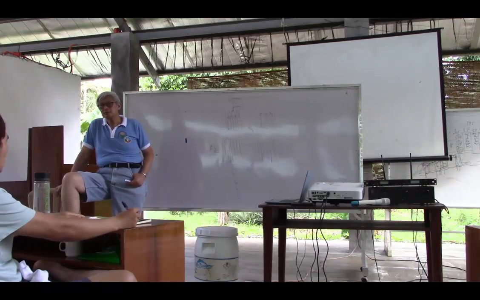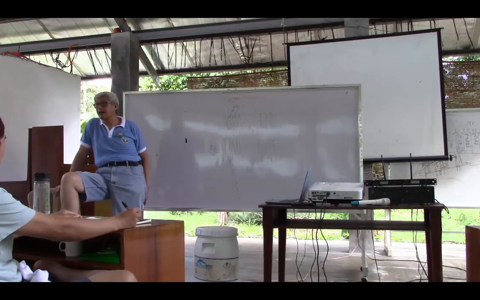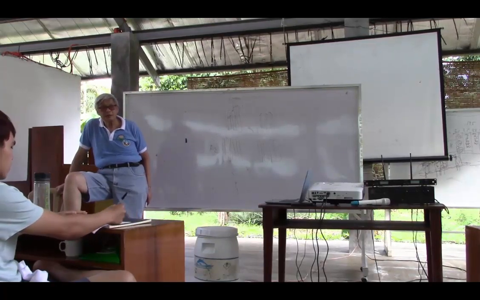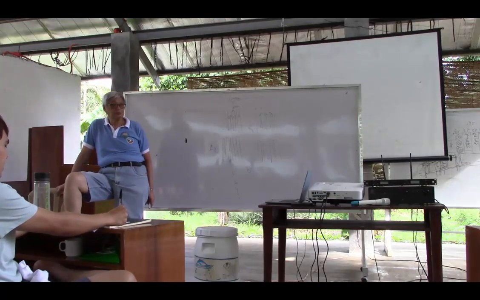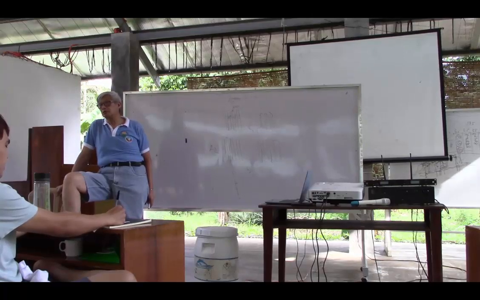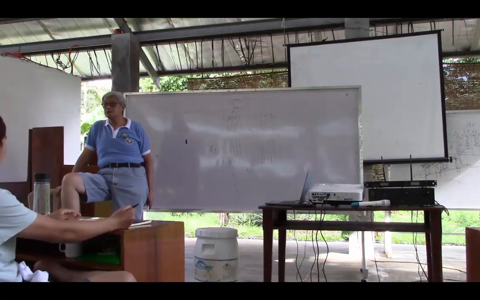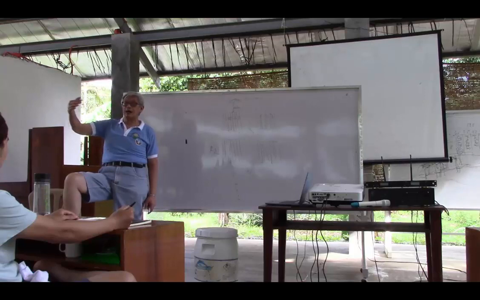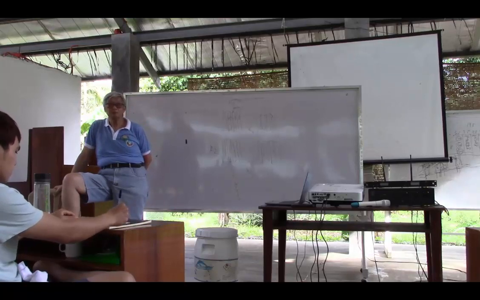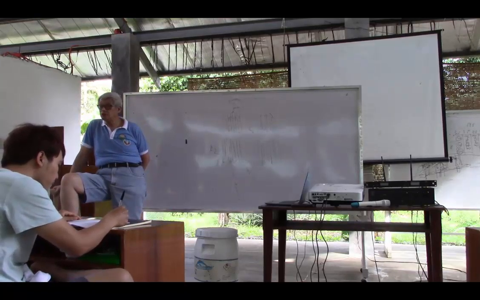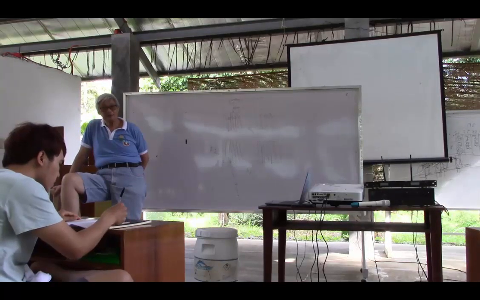Clear? Okay. So typhoon direction is always from the east going to the west-north. That's the direction of typhoons.